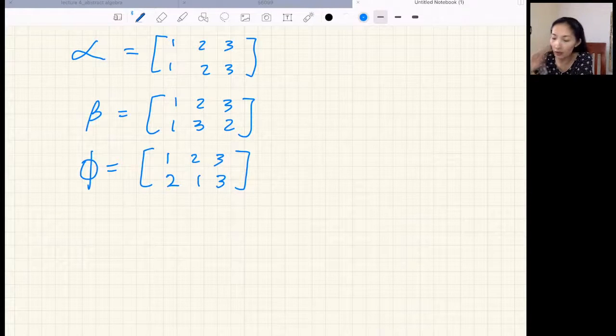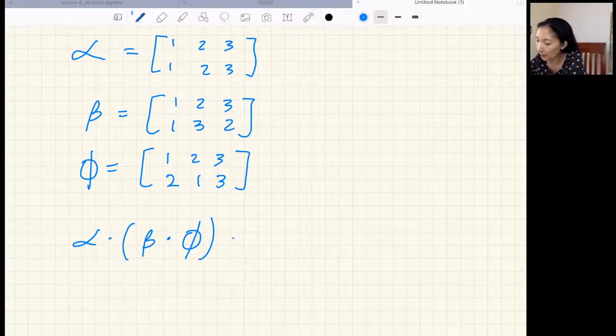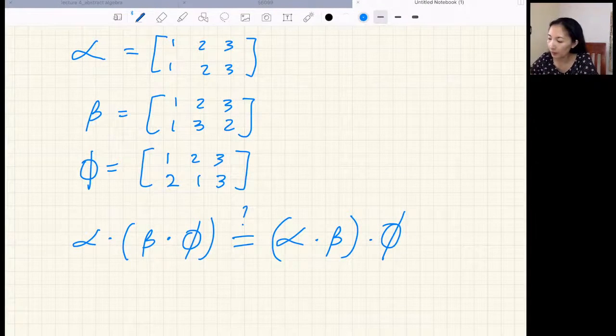By associativity, we mean beta times phi. Will this give the same answer as, will this be equal? Let's begin from here. That's just to show associativity.